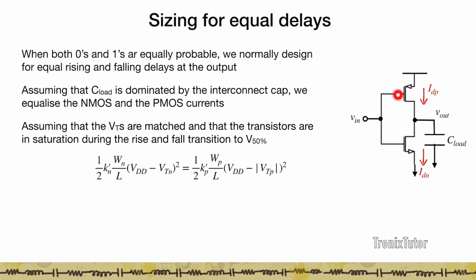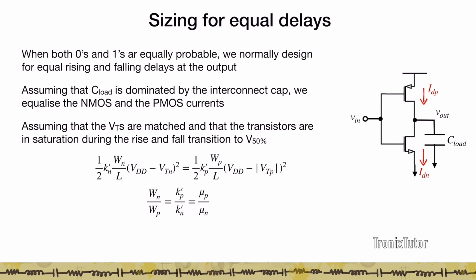So whatever the total current that is flowing into the capacitor during the charge up time should be equal to the total current that is flowing out of the capacitor during the discharge. And if I assume they're both in saturation, I essentially mean that the currents in saturation have to be equal for both PMOS and the NMOS, which tells you that the ratios of the widths of the PMOS and the NMOS have to be inversely related to the mobilities.